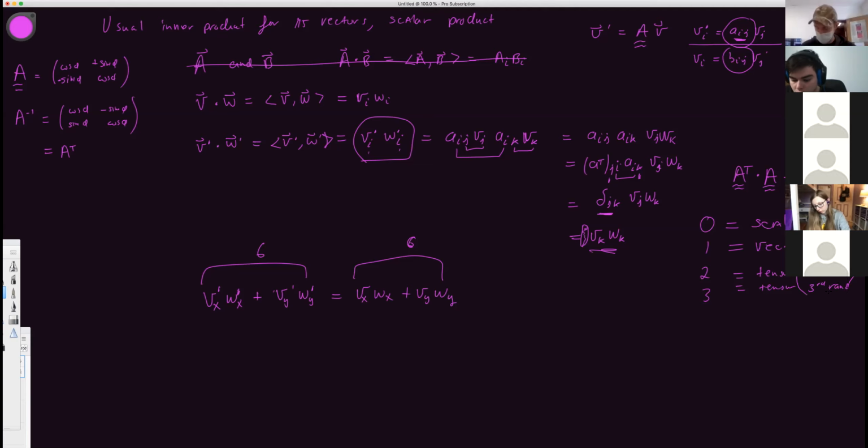Okay, so that's what a tensor is. It's basically just a vector or scalar or a matrix, and depending on how the object transforms under rotation tells you the rank. This is the number of transformation matrices: 0 for scalar, 1 for vector, 2 for second rank tensor, 3 for third rank tensor, and so on.